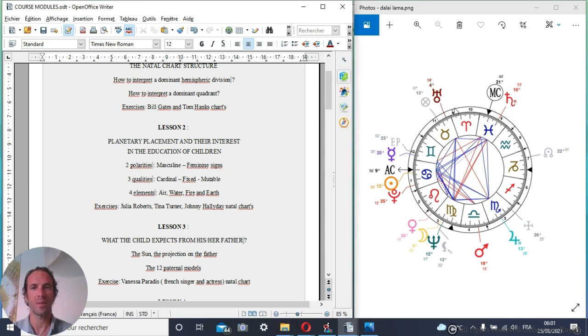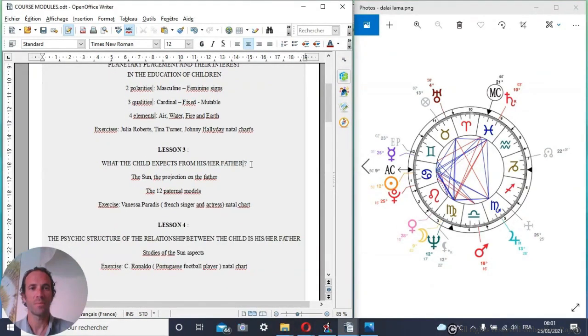And element, air, water, fire, earth, like air for Aquarius, fire for Sagittarius, Aries, Leo, and we'll see the rest during this lesson. Some exercises.